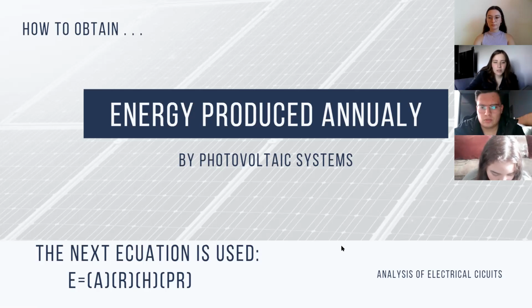R is the solar panel yield in percentage, H is the annual average solar radiation on tilted panels, and PR is the performance ratio or the constant for losses. In a photovoltaic system, the DC current that is generated has to go under some losses for it to become an AC current to be capable of being used by us, the people.